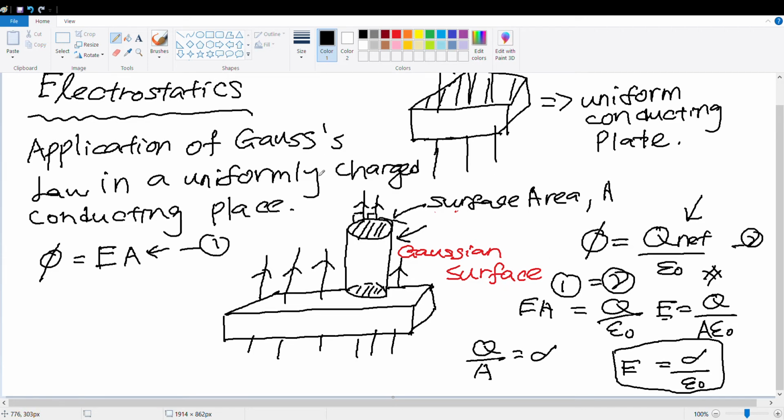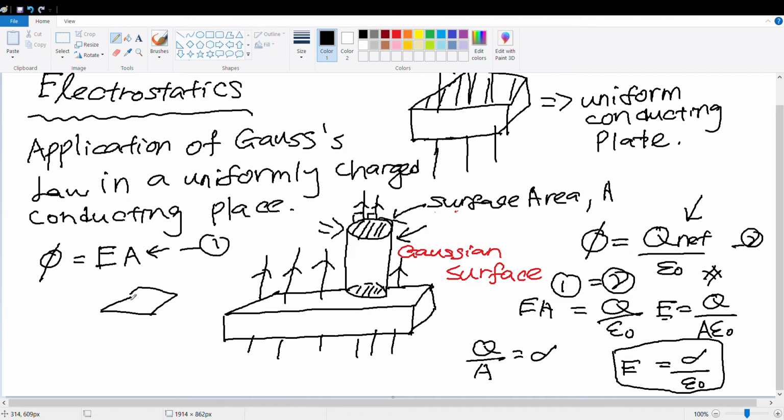If we wish to find the electric field strength on a uniform conducting plate, for the first step we add the Gaussian surface. It's not necessarily always the cylindrical shape. Sometimes you are able to use another shape, let's say a cubic shape.